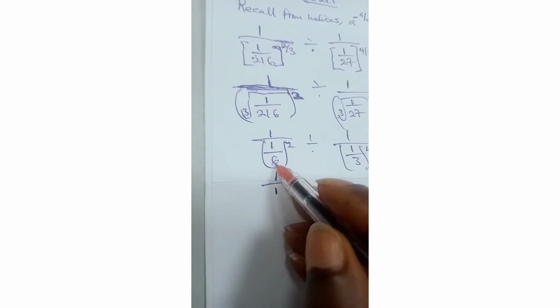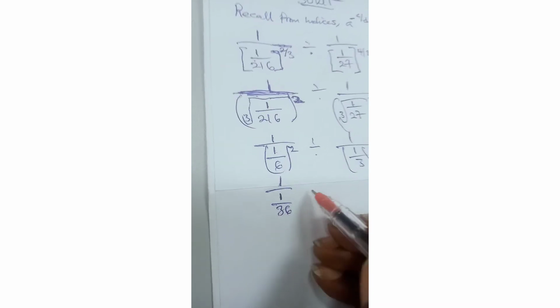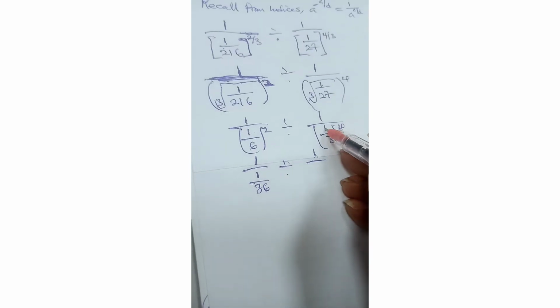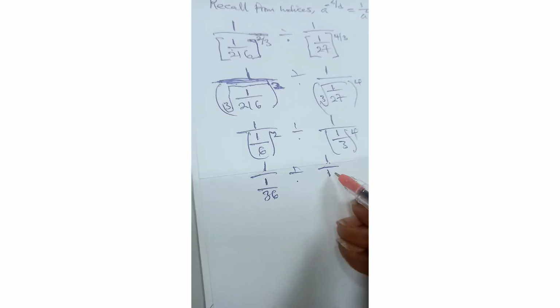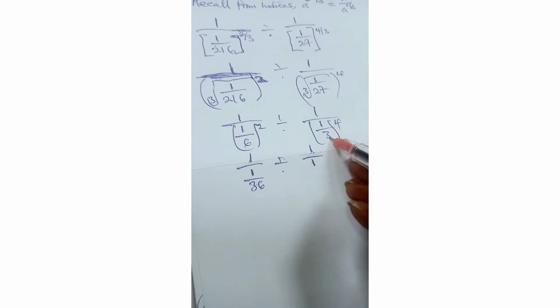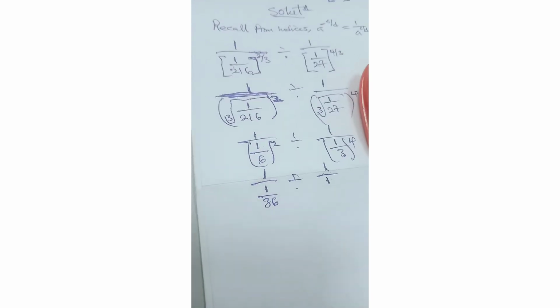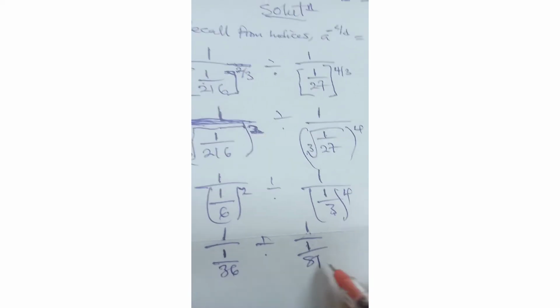Then 6 times 6 gives us 36, divided by 1 divided by 1 multiplied in 4 places, which gives us 1. Then 3 in 4 places, when you multiply, is going to give you 81.